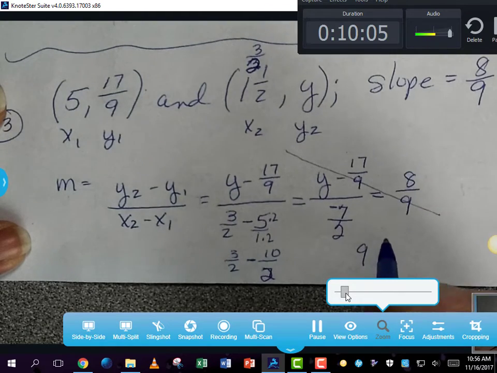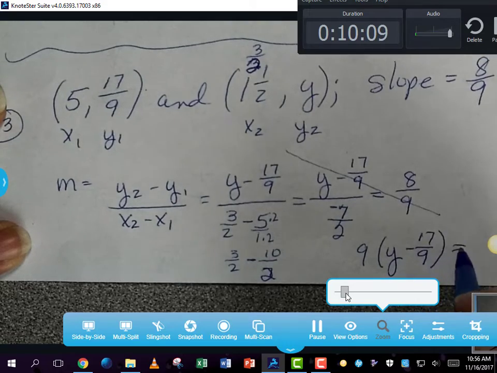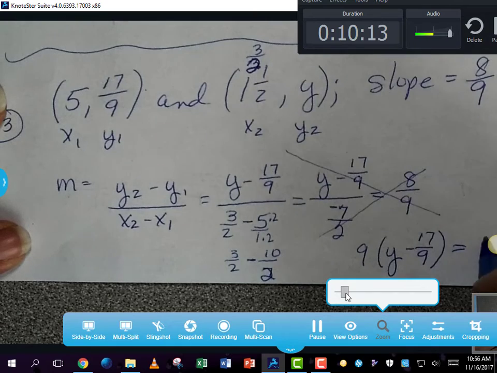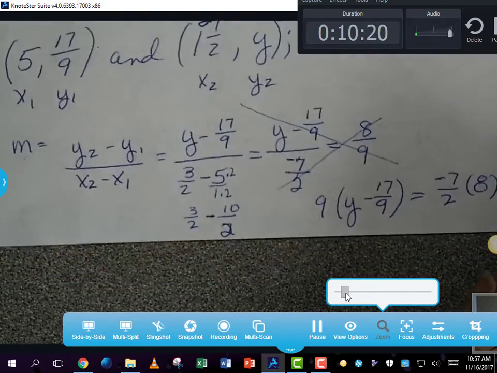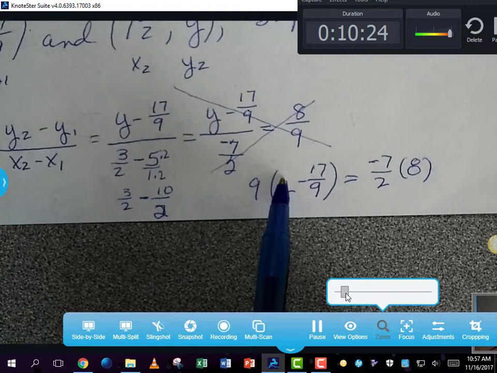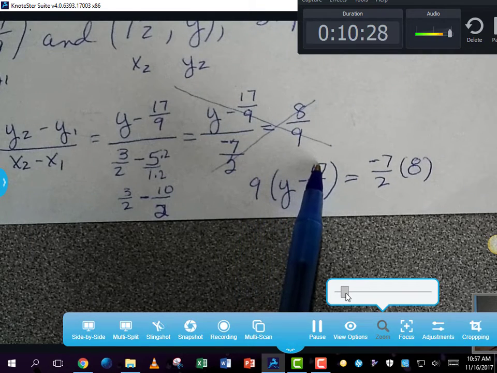I'm going to have 9 times y minus 17 ninths equal to, and then I'm going to multiply this, negative 7 halves times 8. When I multiply 9 times y, I get 9y. And when I multiply 9 times negative 17 ninths, I get negative 17.